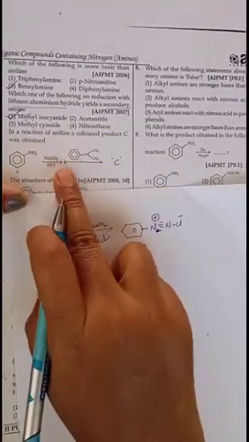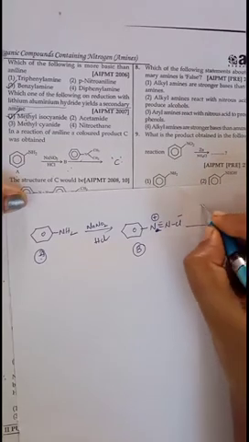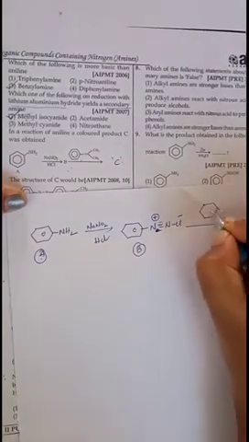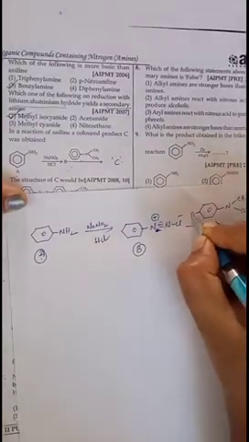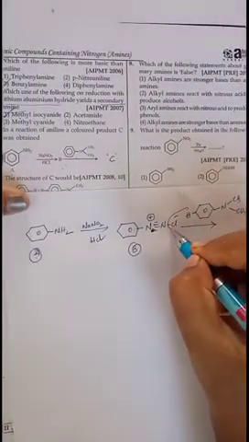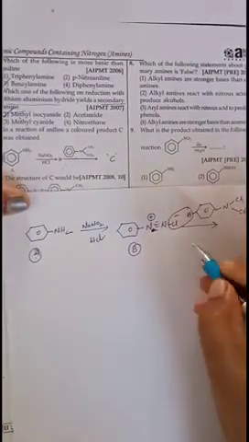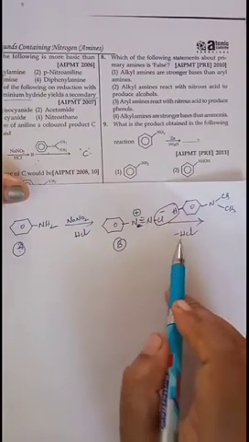Now this B undergoes reaction with this one. At this para position, one hydrogen will be present, right? So that hydrogen takes up the Cl and eliminates as HCl.